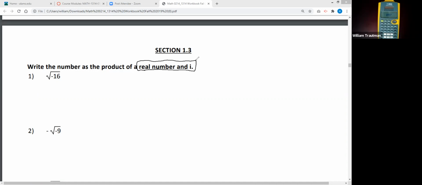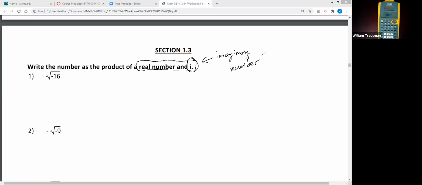This i is called an imaginary number. So we have to teach this in college algebra. In reality, nobody uses this unless you're like a really top scientist. Let's say if you're an engineer, people use this i, but we have to learn it. It's part of the Texas curriculum for college algebra.